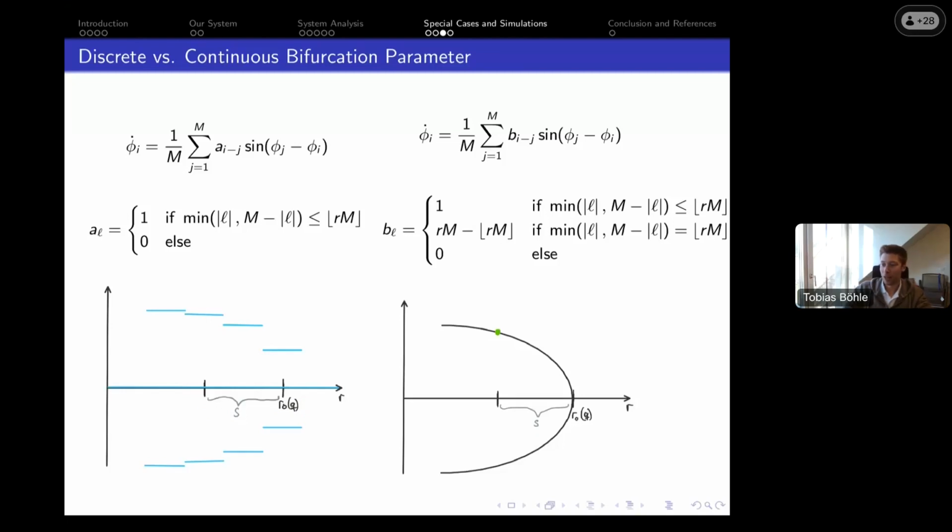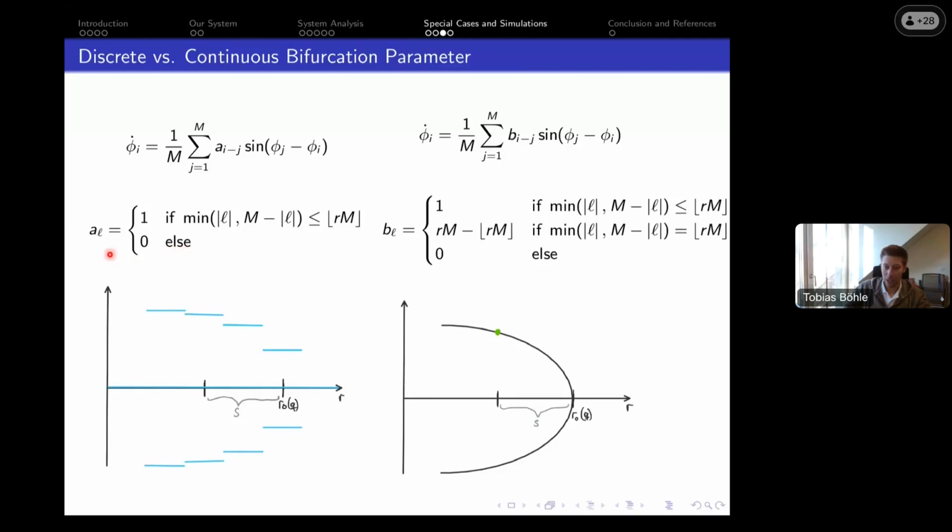And so a solution that we came up with is that we have replaced these coefficients A_{i-j} with B_{i-j}. And the definition of these coefficients is almost exactly the same, but then you only vary one additional coefficient.